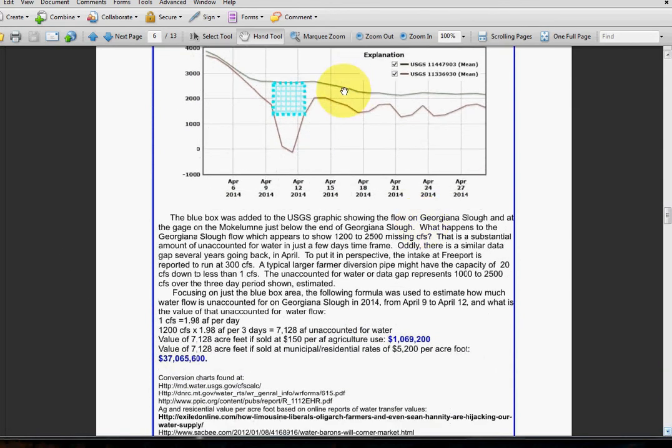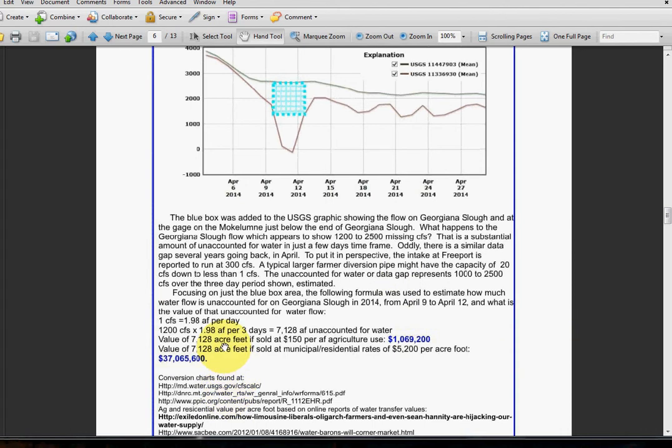You take that and multiply it by how many days? Just 3 days. The missing data is actually at least 4 days. But I found that over 3 days there were 7,000 acre feet of unaccounted for water.